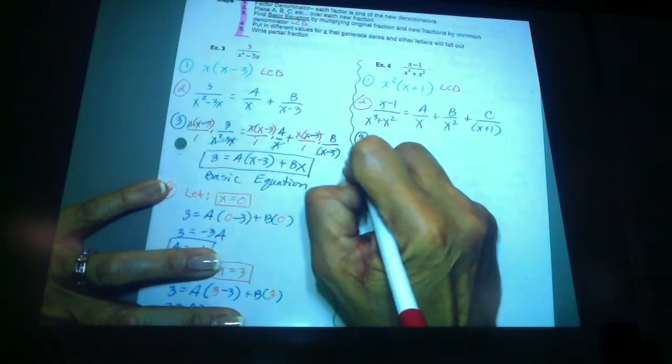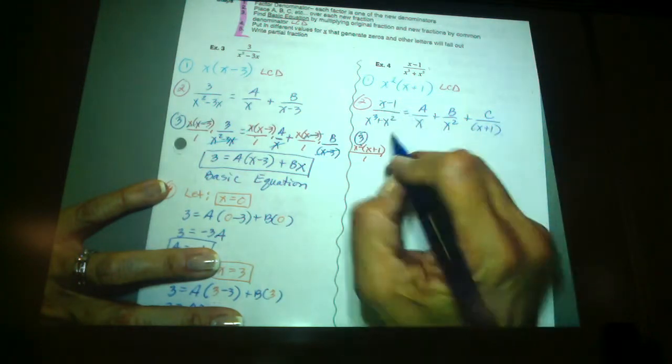So we've got x squared times x plus 1 all over 1 times x minus 1 over x cubed plus x squared equals x squared times x plus 1 over 1 times a over x plus x squared times x plus 1 over 1 times b over x squared plus x squared times x plus 1 over 1 times c over x plus 1.